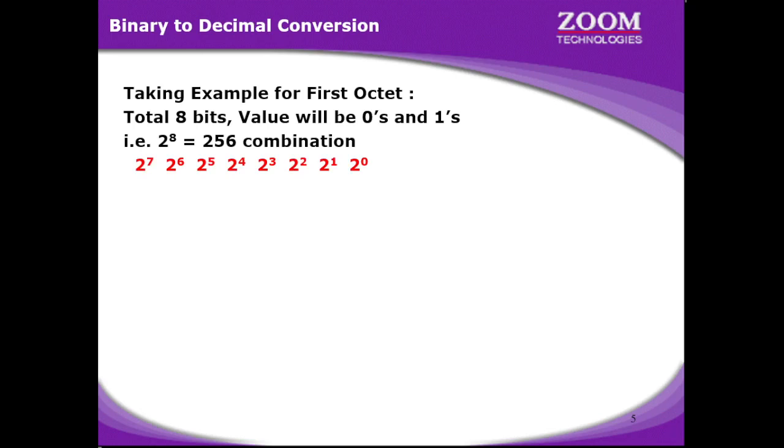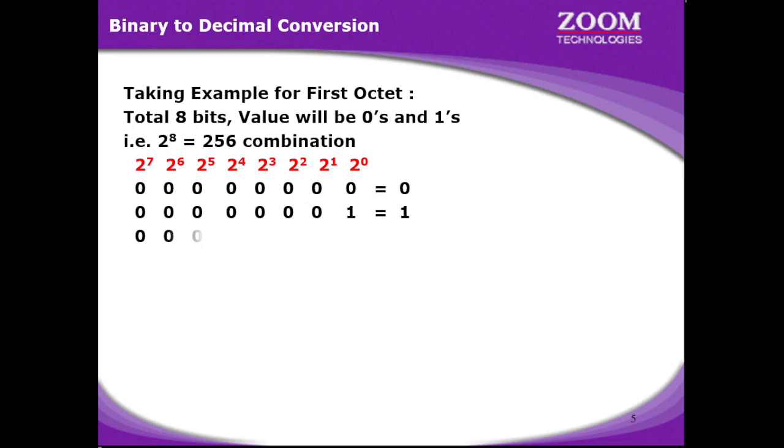So, we also have yung 2 raised to 7, 2 raised to 6, 2 raised to 5, 2 raised to 4, 2 raised to 3, 2 raised to 2, 2 raised to 1, and 2 raised to 0. So, if all of those bits are 0, then we have 0. Kapag naka 1 po yung ating 2 raised to 0, so any number raised to 0 kasi is 1. So, therefore, it is equal to 1.